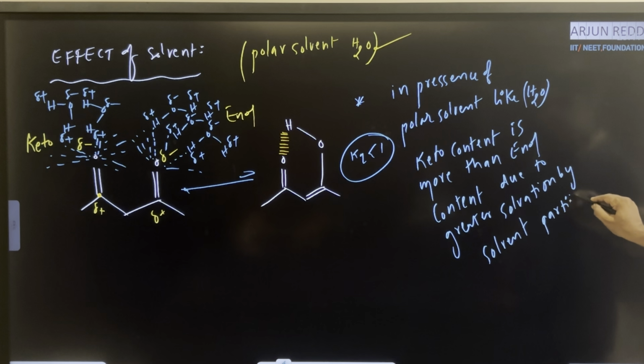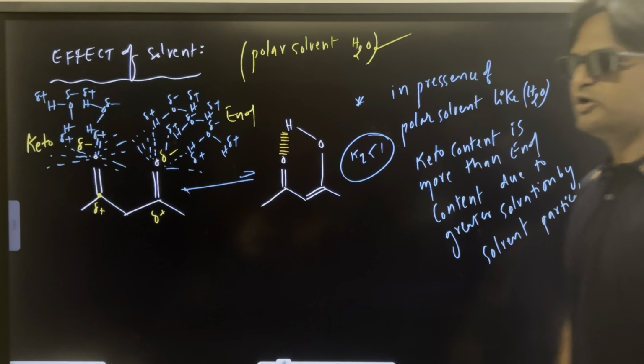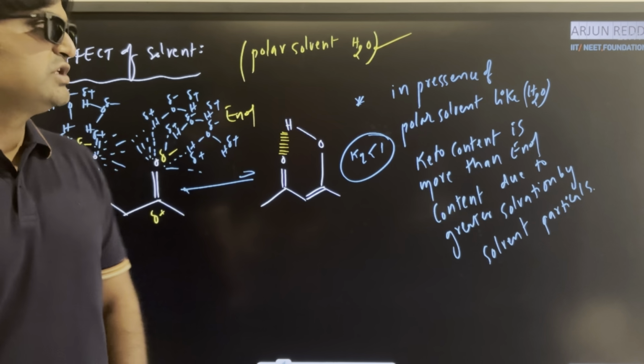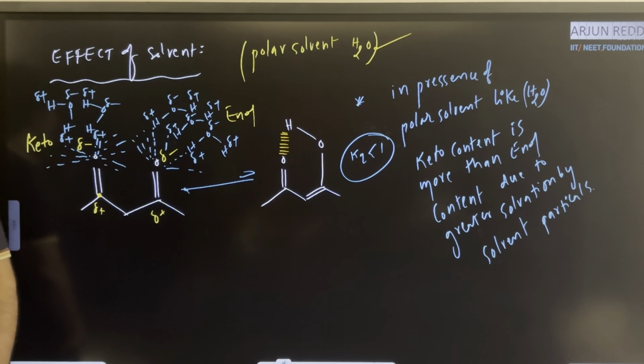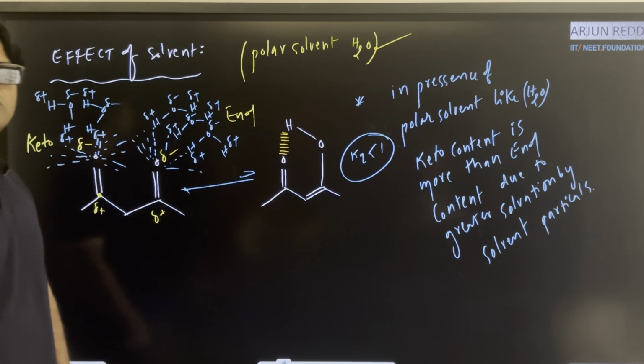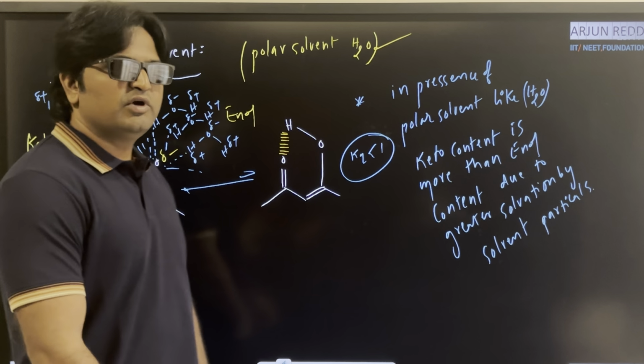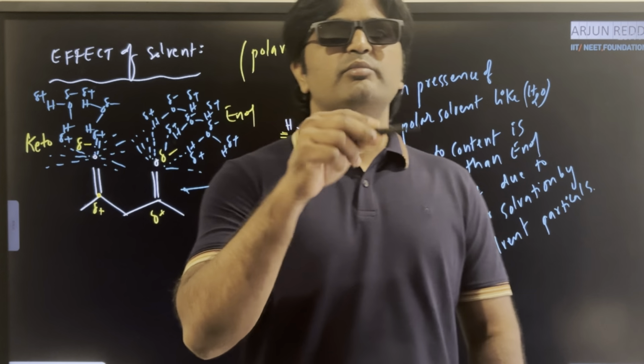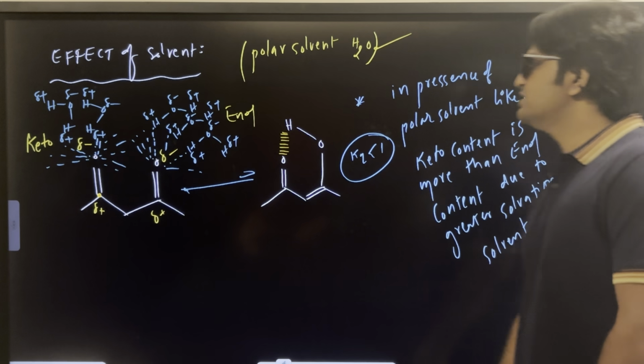This is the point. Very, very important: just check once whether it is given in gas form or solution form. If a polar solvent is given, keto form is more in content compared to enol form. And what is the equilibrium constant value? The equilibrium constant value is less than 1. That is the effect of solvent.